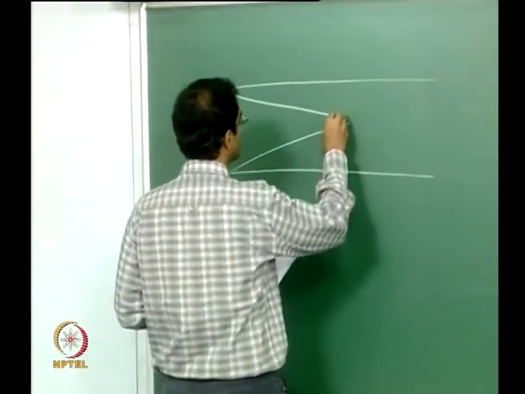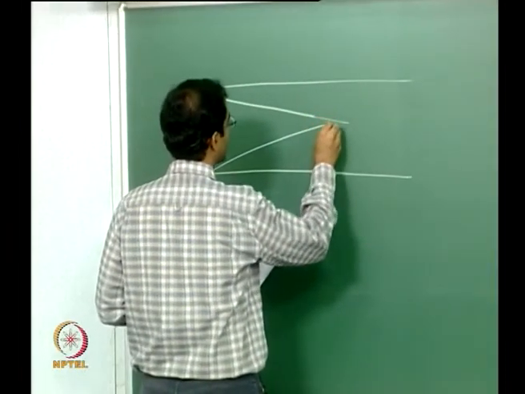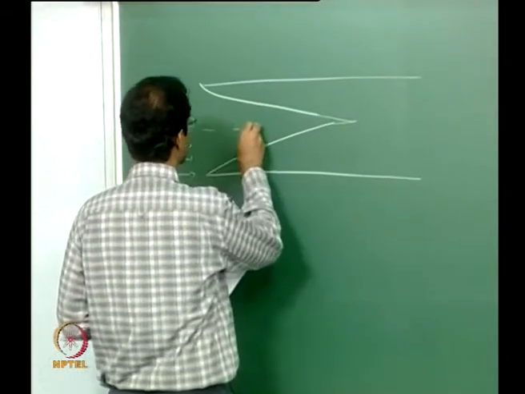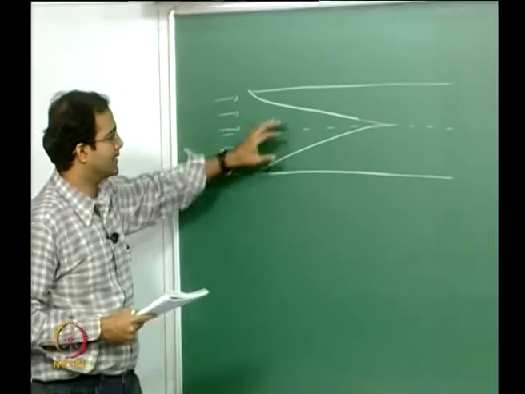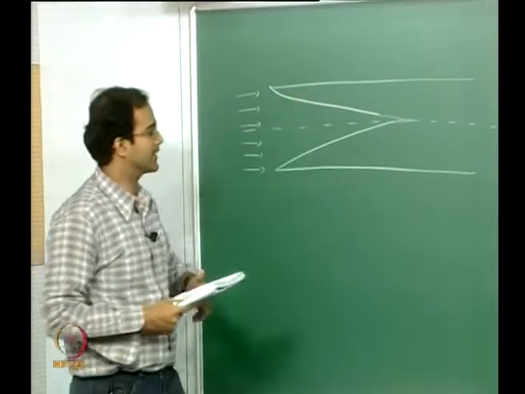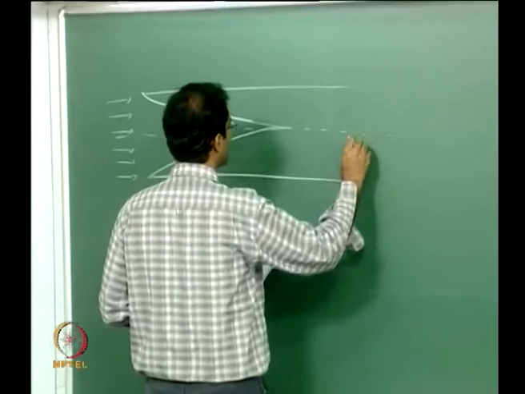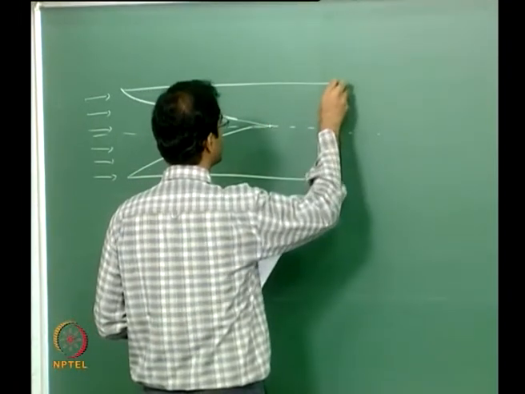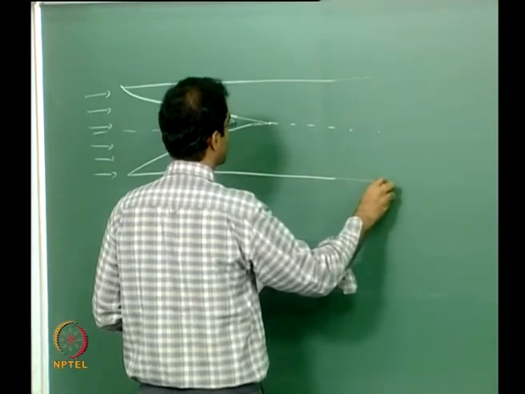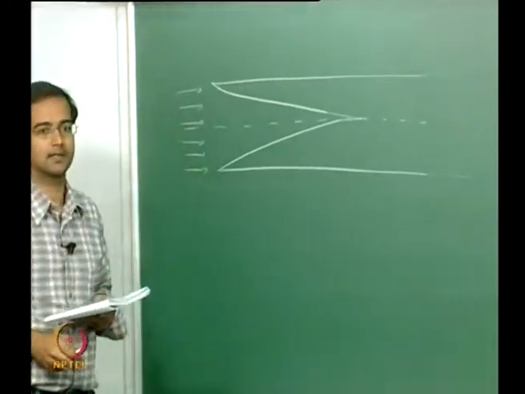and this growth keeps going on till a particular location which is at the center of the duct. Exactly at the center the two boundary layers will merge, and after that the region you are looking at here is completely dominated by viscous effects.